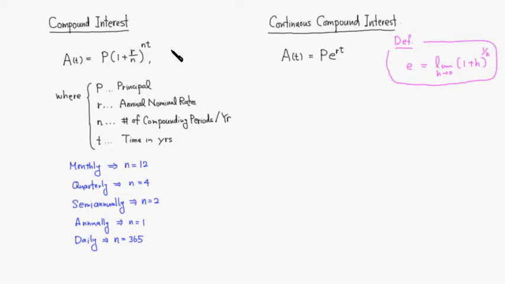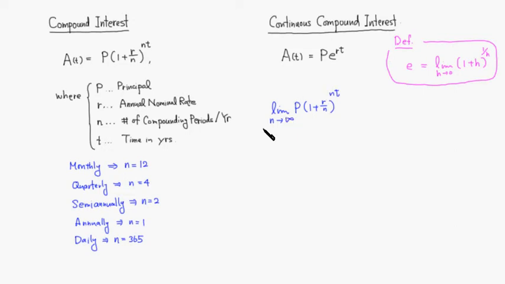Maybe we can take the limit of this compound interest formula, sending n to infinity. What would happen to this? That means the interest is compounded continuously.